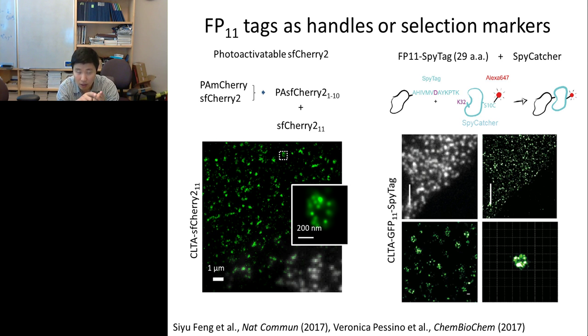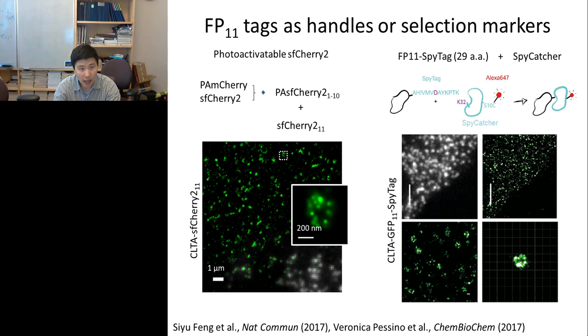Later, after fixation, we can do staining very efficiently with the spike catcher protein that forms a covalent isopeptide bond with the spike tag, which brings in a dye so that we can also do super-resolution STORM microscopy with endogenous proteins labeled by tandem GFP11 spike tag. The labeling is super efficient because the interaction between spike tag and spike catcher is covalent, pretty much completely irreversible.